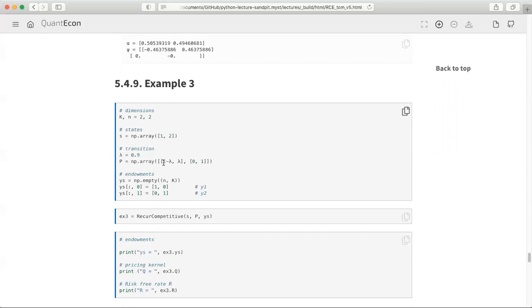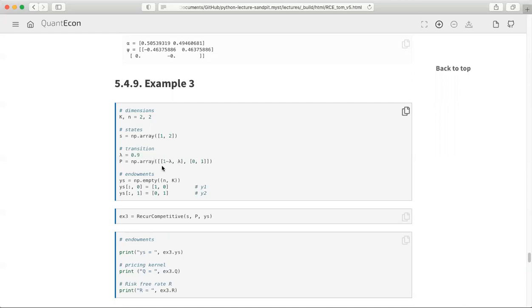The first row, if you start in state 0, you stay there with probability 1 minus lambda. With probability lambda, you go to state 1. If you ever go to state 1, you stay there forever. So this is a Markov chain with an absorbing state. That second state's absorbing.